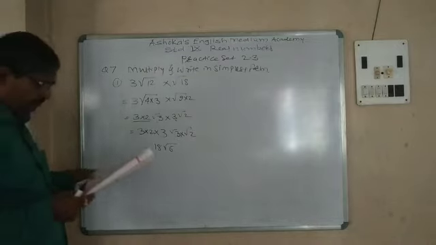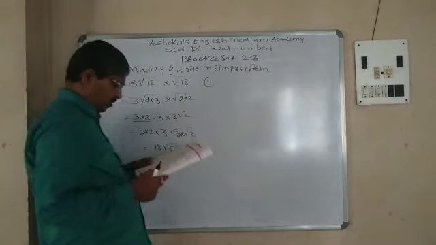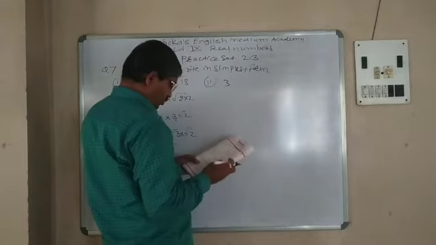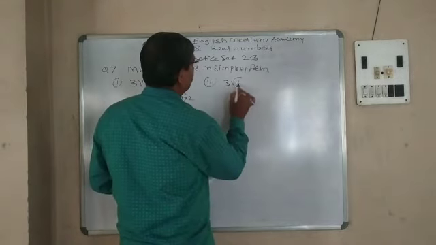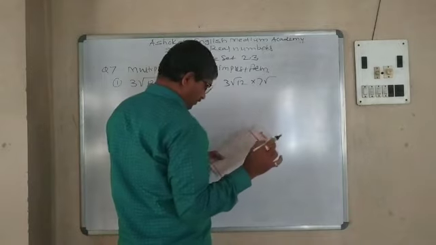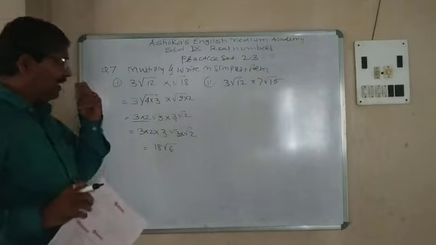Now we are going to solve question number 2 of 7. 3 root 12 into 7 under root 15. What will you do in case of this?